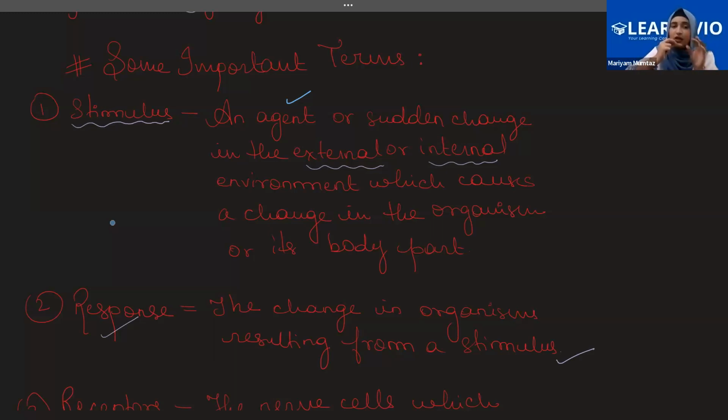So the stimulus is that signal that is given so that a reaction can be obtained. And how does that reaction or change occur? The change can occur in the whole body of the organism, or in some body part. So the first term, stimulus, is clear to everyone.